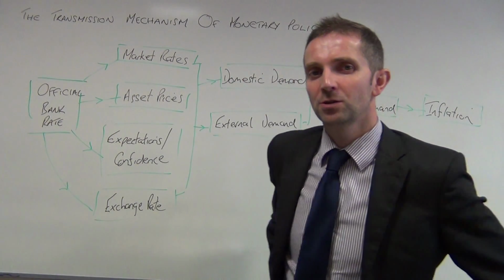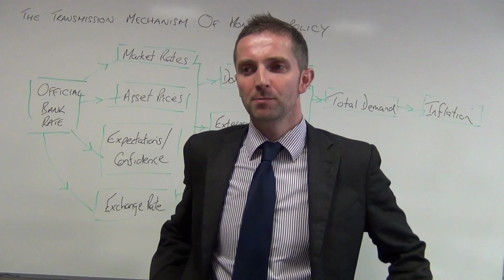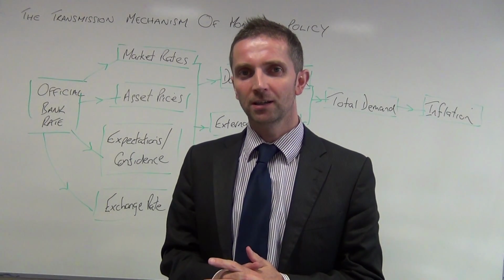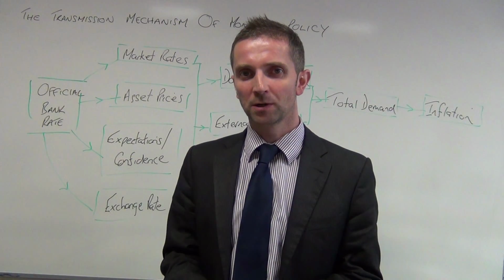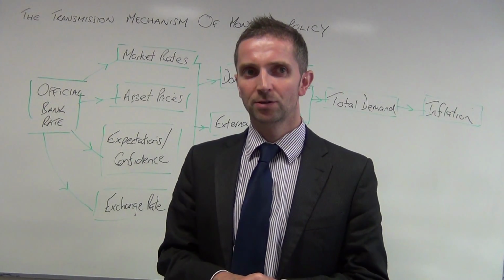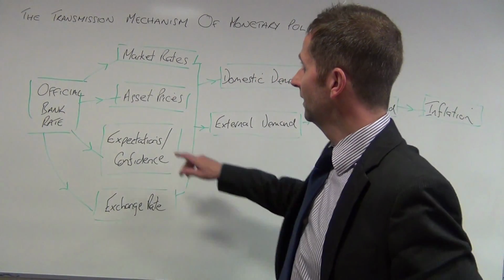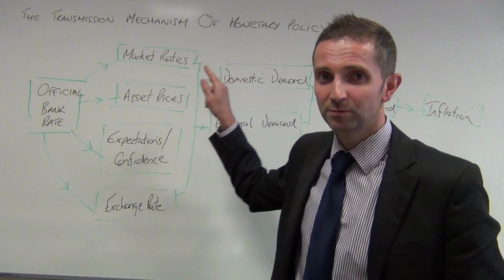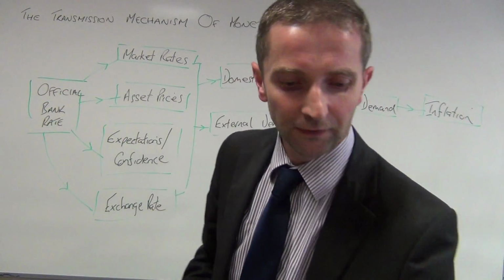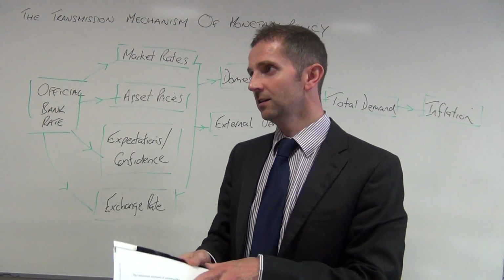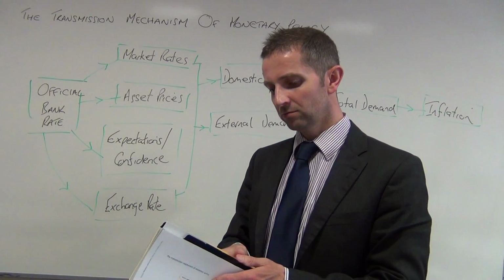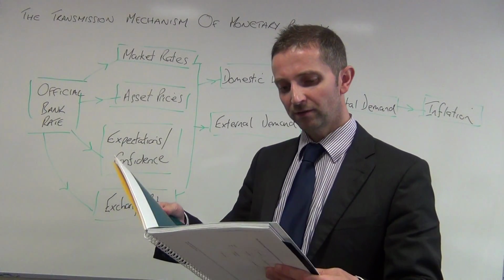So what I'd like to do today is to make a little bit of a start on the A2 macroeconomics course. And to do that I'm going to be looking at the transmission mechanism of monetary policy. Those of you who are participating in the Bank of England competition, lots of schools around the country will be involved in that.